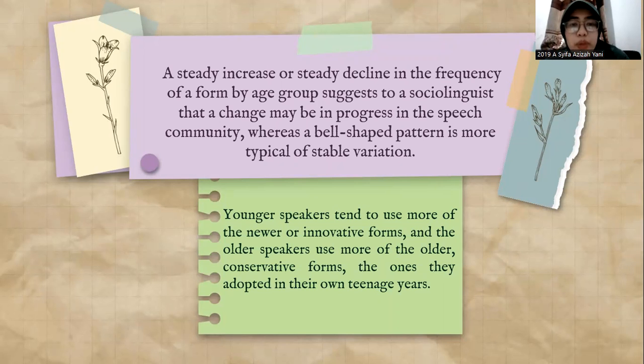And when the change involves the spread of a prestige form or an admired usage, then it is easy to see the evidence of its spread. An increase in the use of these forms in the speech of younger people is a clue that a new form is being introduced.